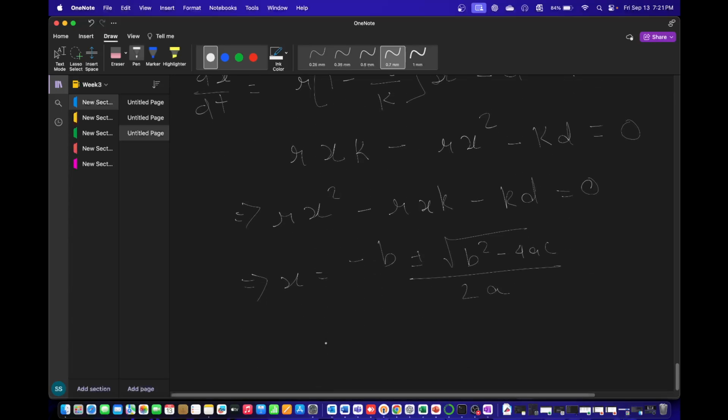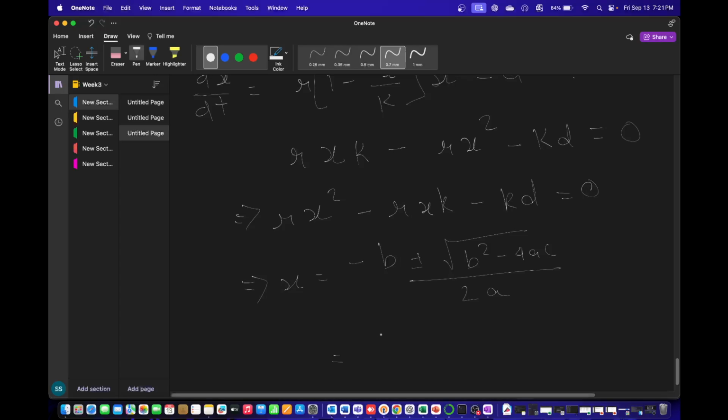This is the quadratic formula. Here it is plus kd. Yeah, sorry, this will be plus. So the value of b here is basically minus rk. So minus b is rk, plus minus root of b square, r square k square, minus 4.